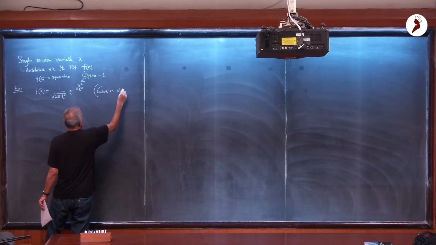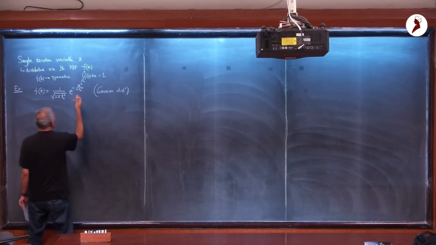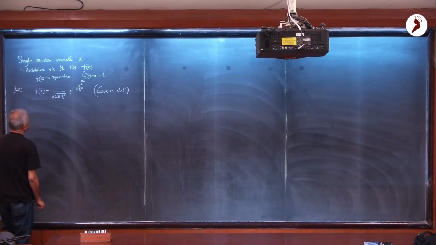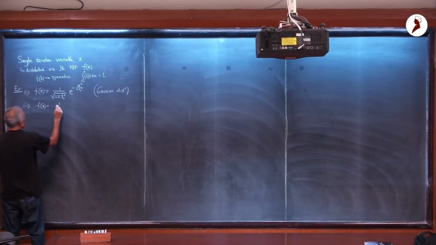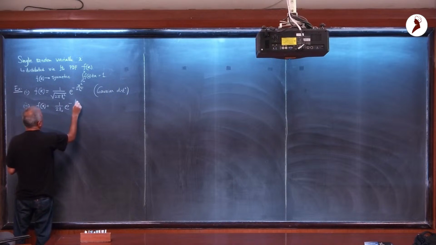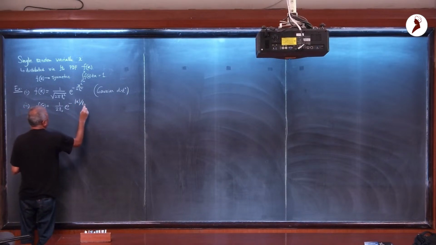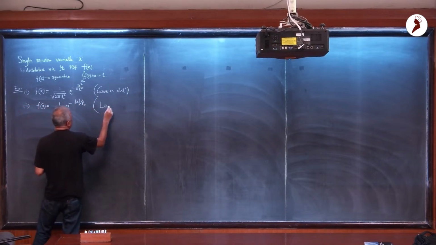And this L naught is just some length scale so that this is dimensionless essentially. Okay. So this is example 1. Example 2 I mentioned as a double exponential distribution. So this is sometimes called the Laplace distribution.